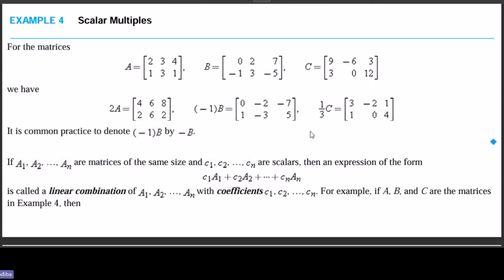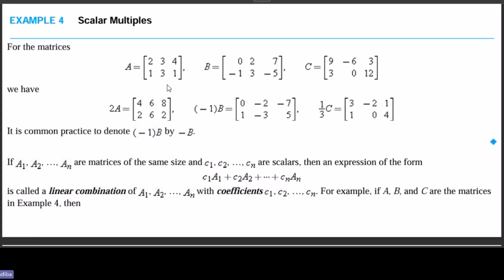Scalar multiples. Okay, we've got matrix A, matrix B, matrix C. Matrix A times 2: all the entries in the matrix are multiplied by 2. So the entries for matrix A are 2, 3, and 4, 1, 3, and 1.